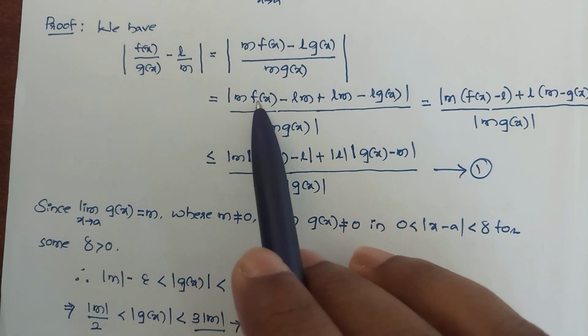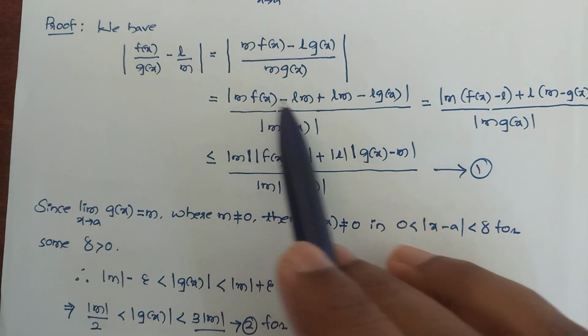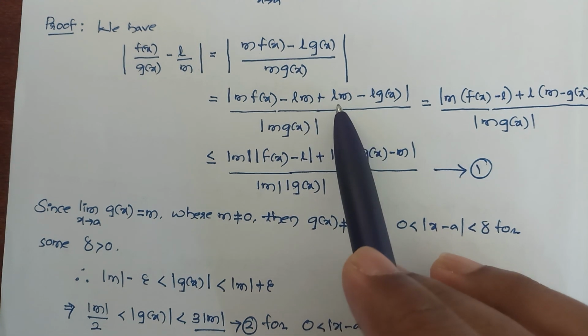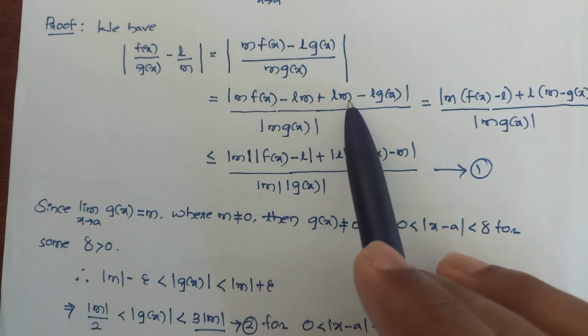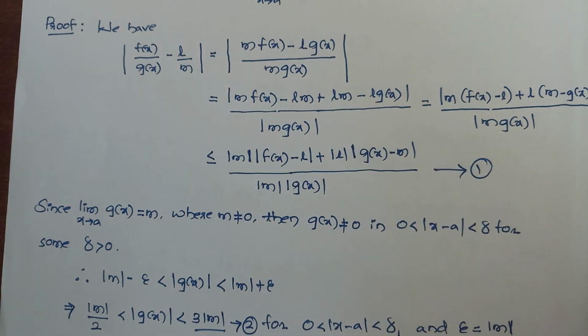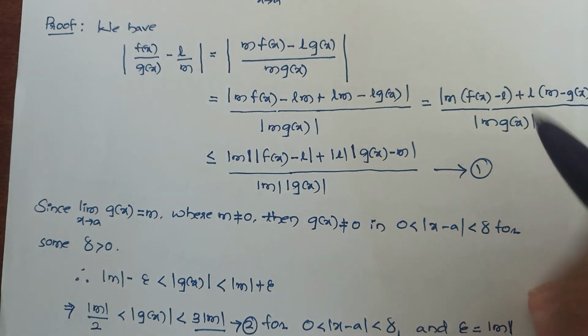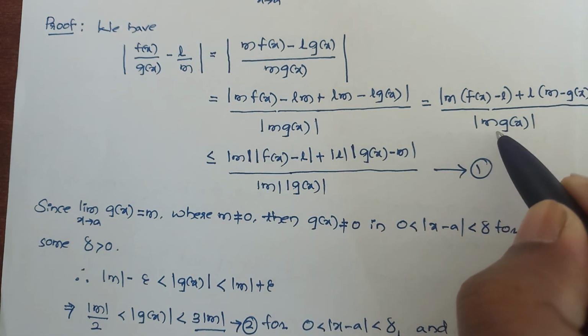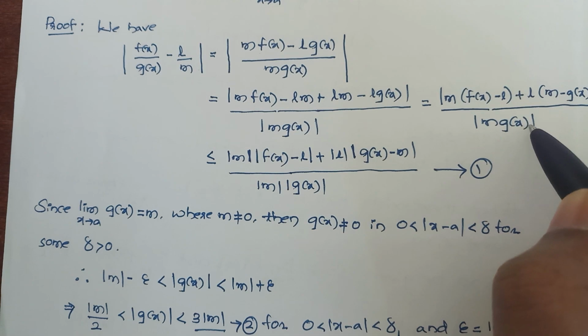So here if I take m as common, then it will become f of x minus L. And if I take L common, then it will become m minus g of x, whole divided by modulus of m into g of x.